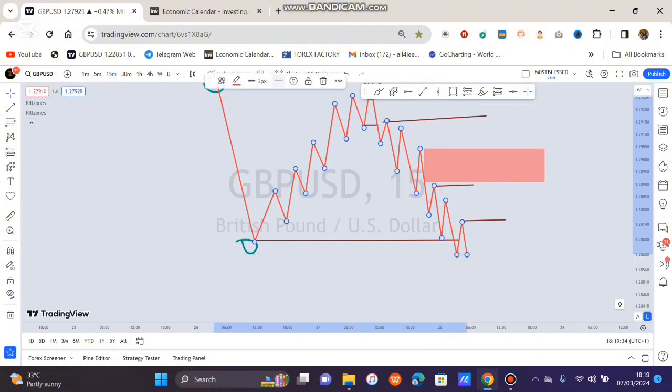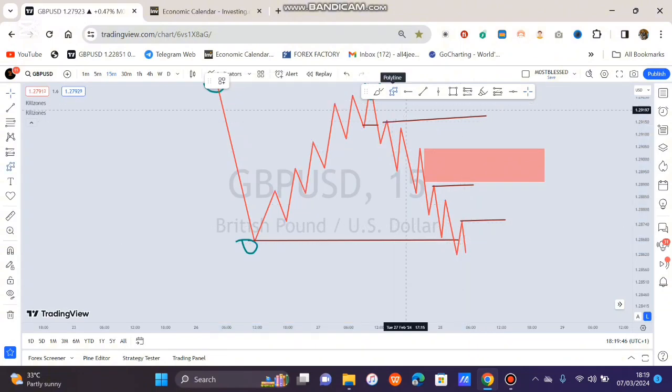We can create something like this. Range structure.